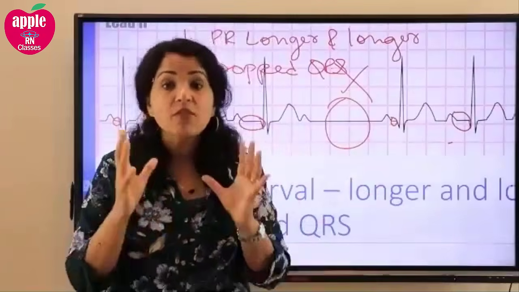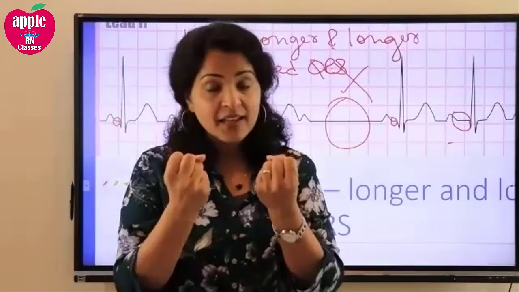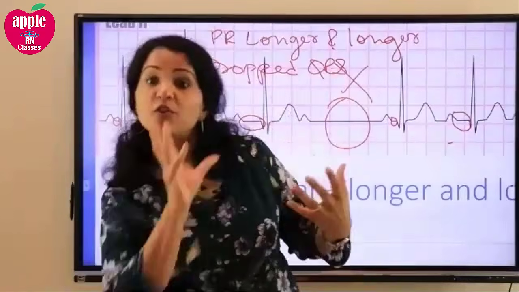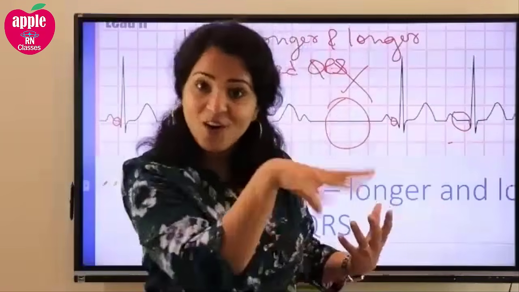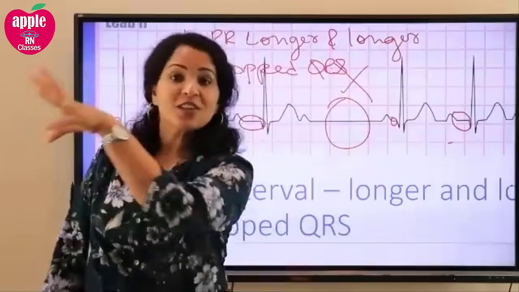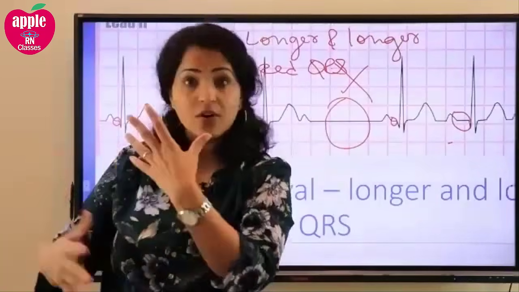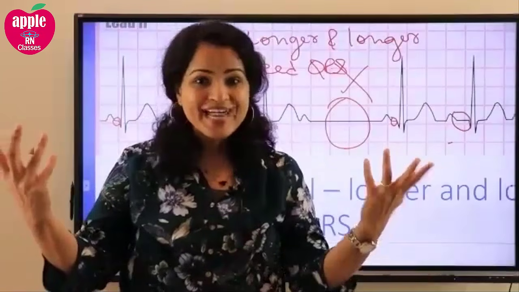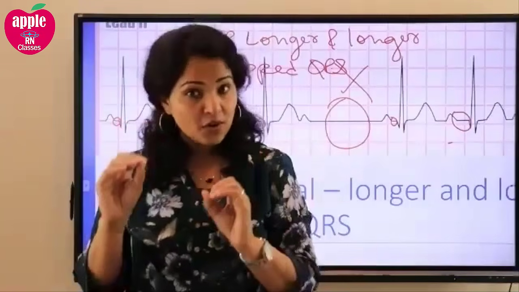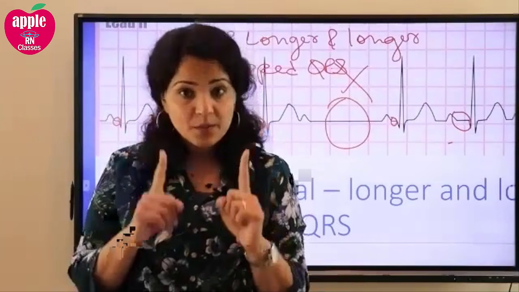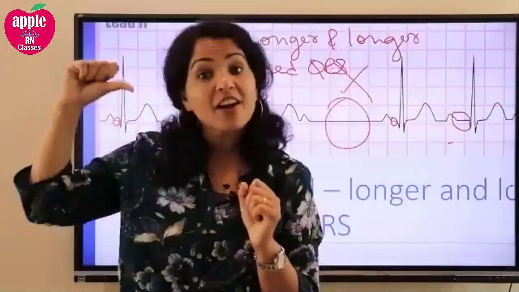Because only when the ventricles are contracting, that's when the cardiac output works, right? I mean, that's when blood goes into the pulmonary artery to the lungs for oxygenation, and to the aorta and the entire body to help all our organs. So if the QRS is not there, that's a big problem. That means there is a problem in cardiac output.